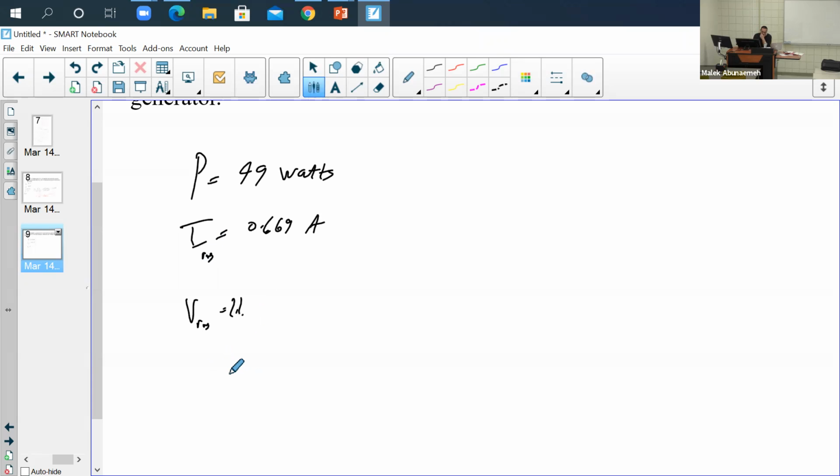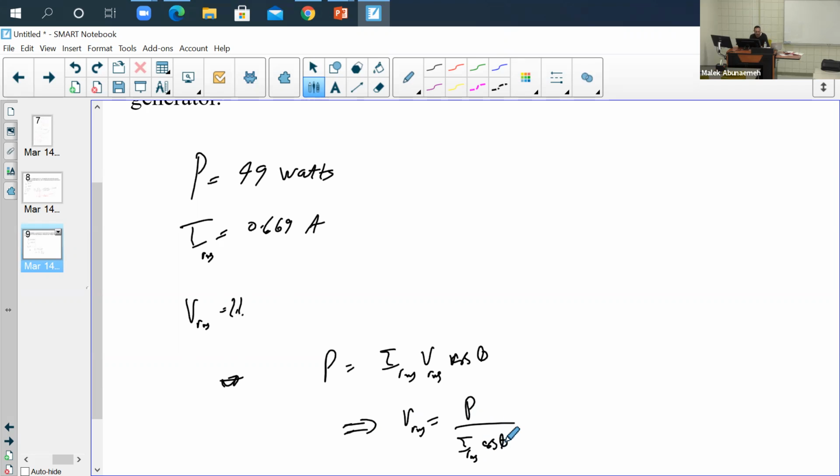So in this case, your power equals your RMS current multiplied by root mean square voltage multiplied by cosine the angle between them, which means your root mean square voltage is gonna equal to your power divided by your root mean square current multiplied by cosine angle between them.